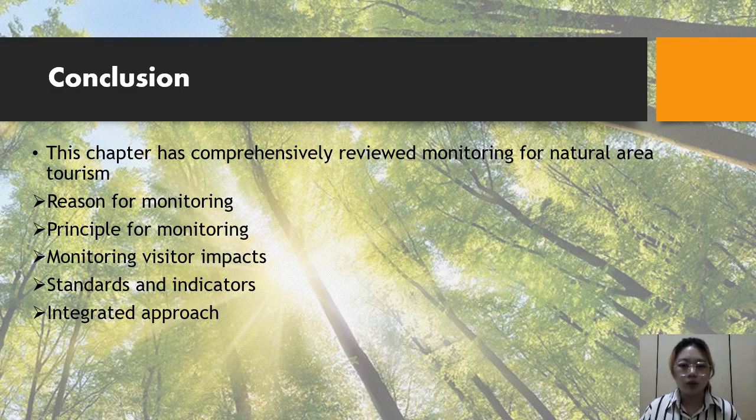One approach is selecting the indicators and standards in monitoring of nature areas by using a questionnaire. The last part of the chapter has described the integrated approach to impact management. An integrated monitoring programme for Warren National Park in Western Australia provided a case study of an integrated approach to monitoring and has drawn the chapter to a close.